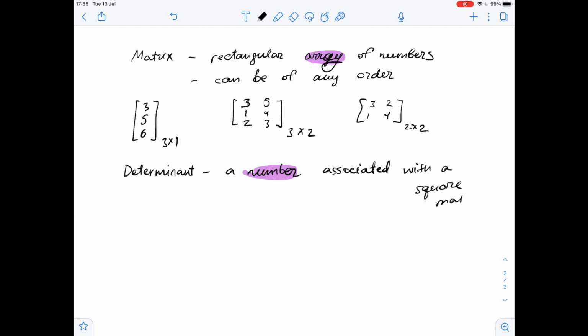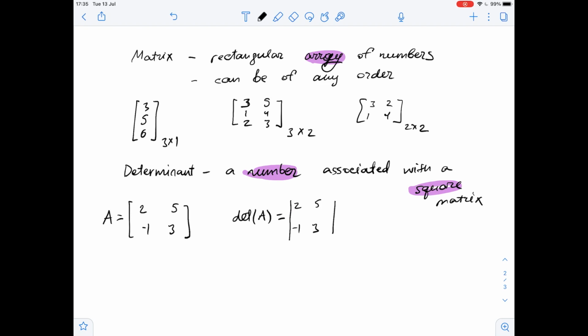So for instance, if we have a 2 by 2 matrix, 2, 5, -1, 3. So this is some matrix A. We can find the determinant of this matrix since it's a square matrix. So the determinant of A equals |2, 5; -1, 3|.